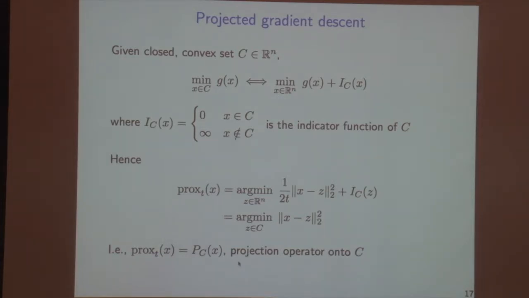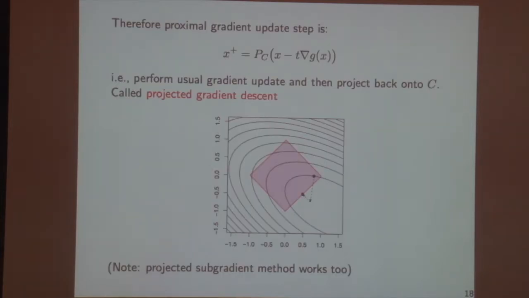So in that case, the proximal gradient descent algorithm repeatedly takes a gradient step with respect to g, and then it applies the prox operator, which is just a projection onto C. So we get back an algorithm called projected gradient descent, which is pretty natural: take a gradient step with respect to the loss, the criterion g, and then because we have to be in the constraint set, project yourself back onto the constraint set C. Find the point in C that's closest to where that gradient step took you.